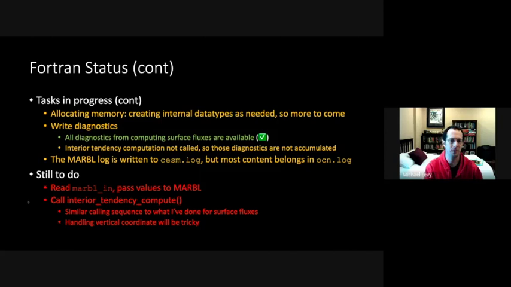And that'll actually require an update on the MARBL side as well, because right now MARBL is used to POP just setting the vertical coordinate for every column during initialization and then letting it be. So handling a vertical coordinate that changes in space and time will require an update to the MARBL system, just to have an interface to do that.